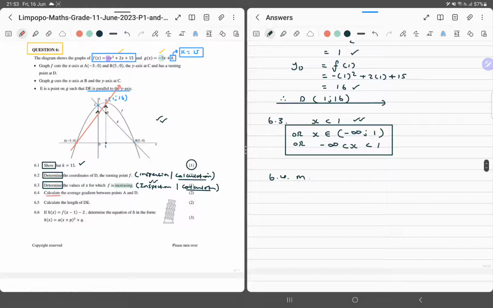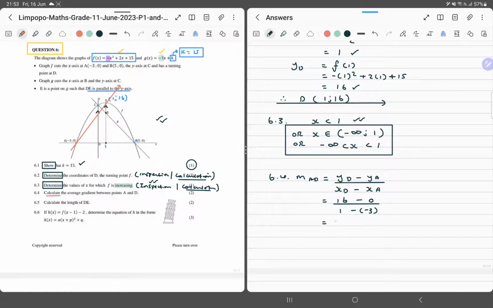So we can say the average gradient AD is equal to y at D minus y at A, divided by x at D minus x at A. y at D is 16, minus y at A which is 0, divided by x at D which is 1, minus x at A which is minus 3.